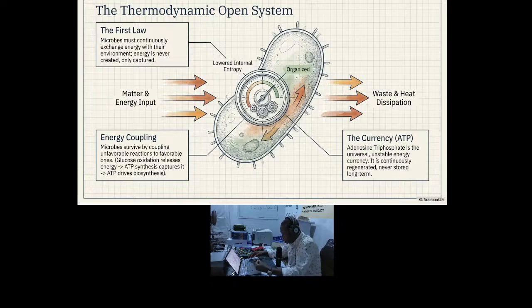And don't forget that one of the laws of motion is that a body will remain in a stationary state unless it is acted upon by an external force. So what are these external forces? The external forces are the environment, the environmental conditions.